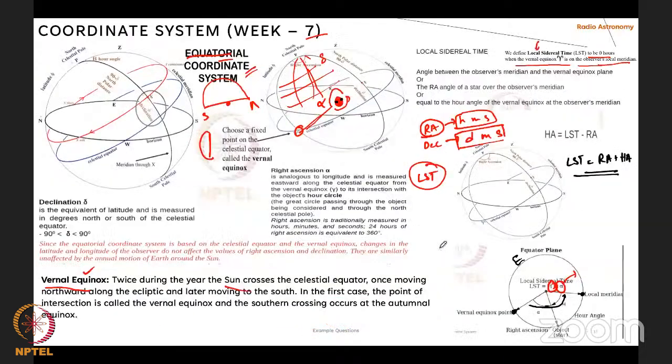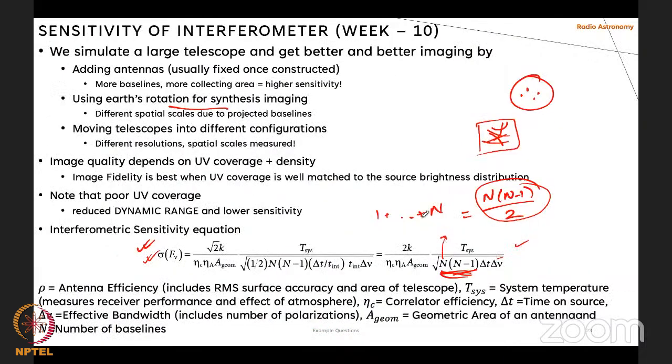Now, if you move towards an interferometer, you see that your sensitivity is increased by a huge margin if you have n number of antennas in your interferometer.